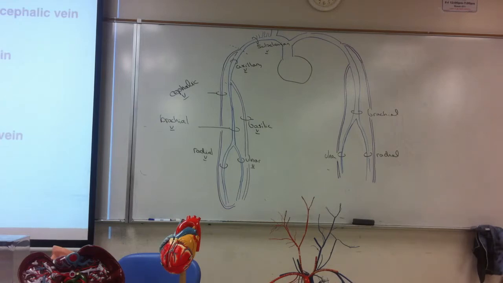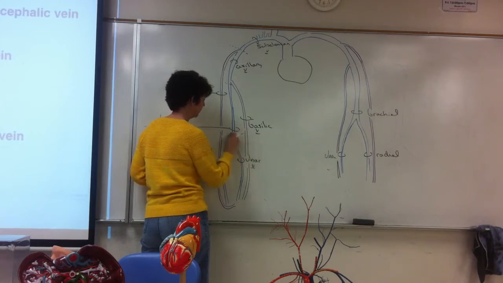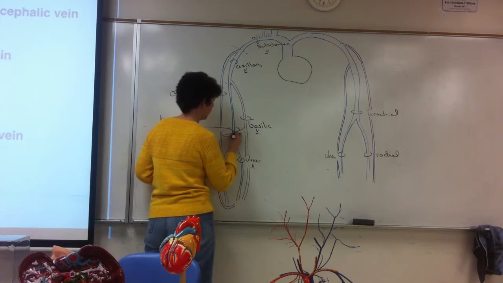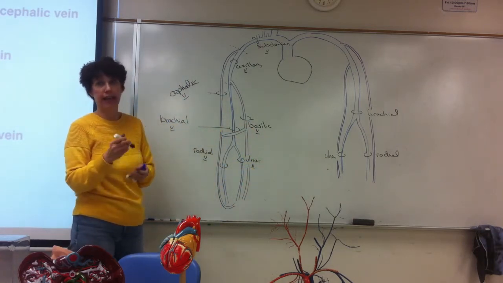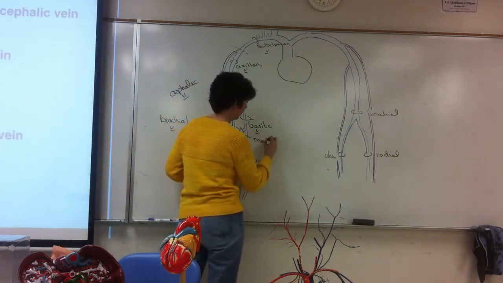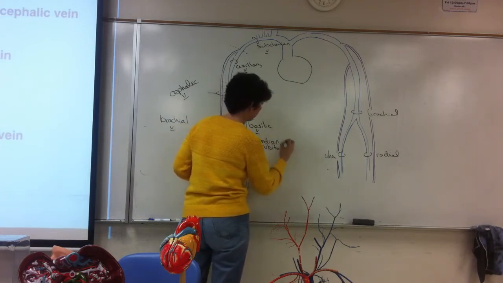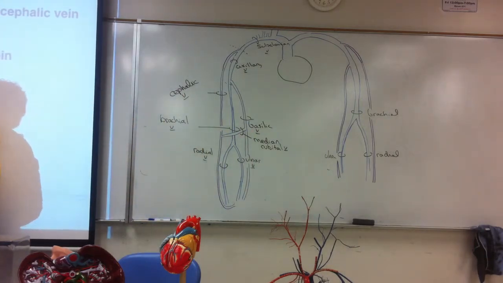Okay, now let's look at the two other superficial ones. So cephalic is joined to basilic in the Y and the H pattern by a vessel near the cubital fossa called the median cubital vein. And that's what you see here at this point right here.